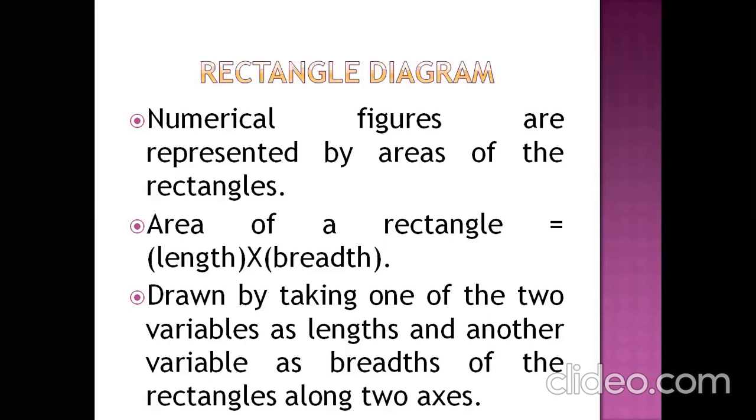The area of the rectangle drawn will represent total sales. We all know the area of a rectangle's formula is length into breadth, LB. So we are going to draw a rectangle diagram taking one of the variables as length and another variable as breadth. We will see with an example.